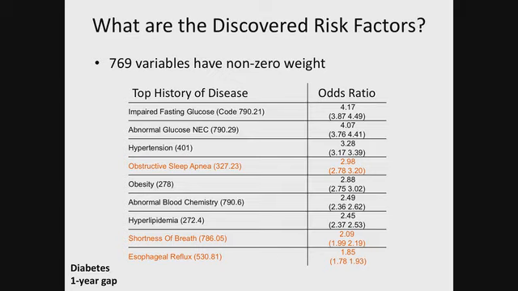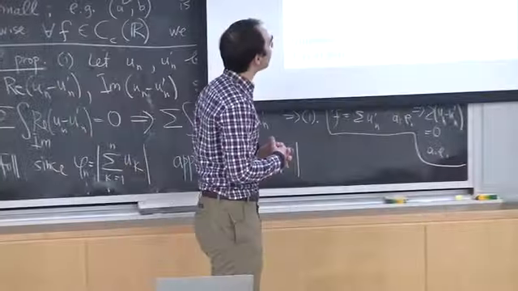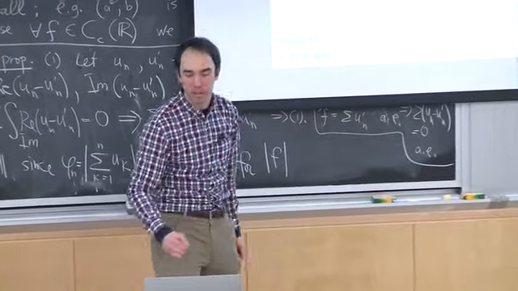Patients who are obese often have what's called sleep apnea, so they might stop breathing for short periods of time during their sleep, and that would be a sign of obesity.